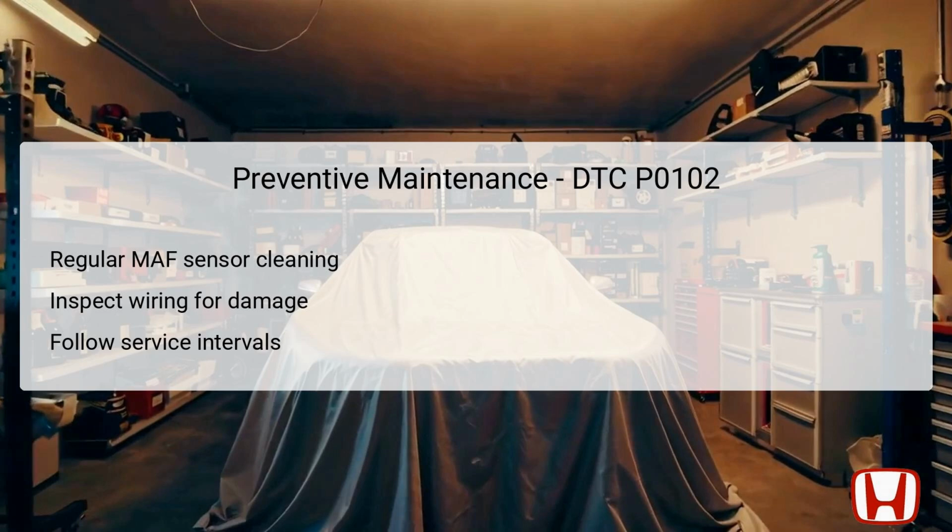Adhering to the vehicle's service intervals, as noted in the owner's manual, will support overall vehicle health and performance reliability. Additionally, using only quality air filters minimizes contaminants reaching the MAF sensor, thus prolonging its operational lifespan. Integrating these maintenance measures can help ensure consistent performance and longevity of the MAF sensor and related circuits.